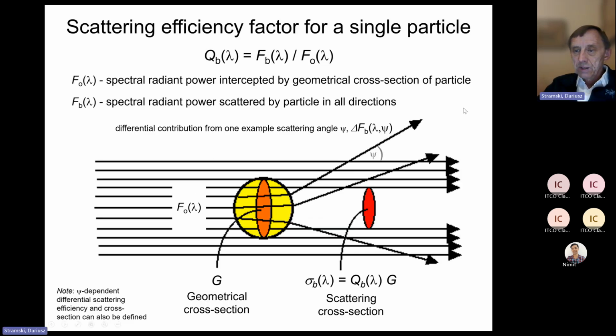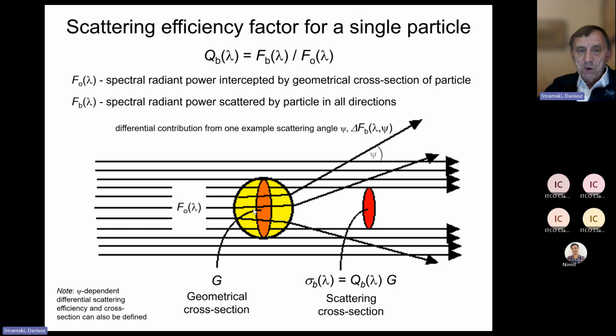And let us now turn our attention to the scattering efficiency factor for a single particle. This concept is similar to the absorption efficiency. So here we have the geometry for determining the efficiency factor. Again, the particle is illuminated by a beam of light where the radiant power intercepted by the projected area of the particle is F sub 0.